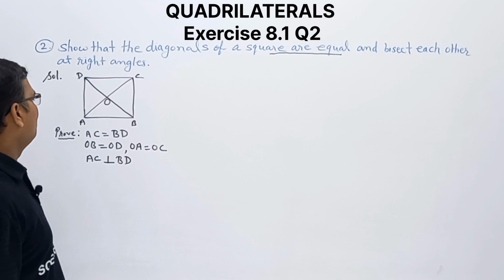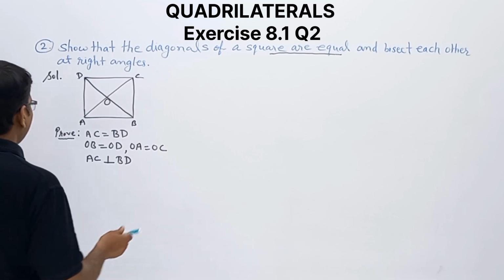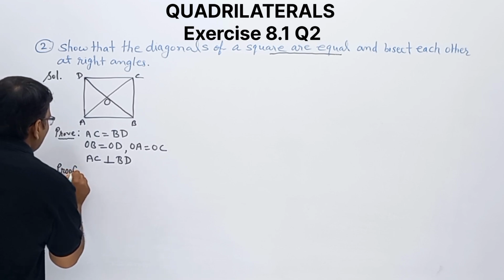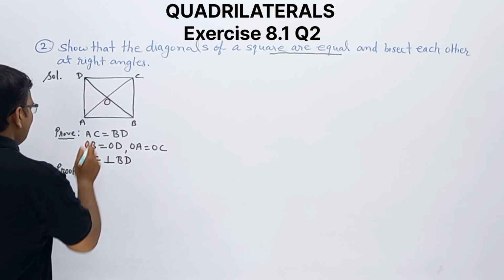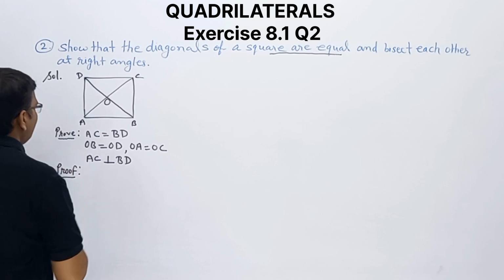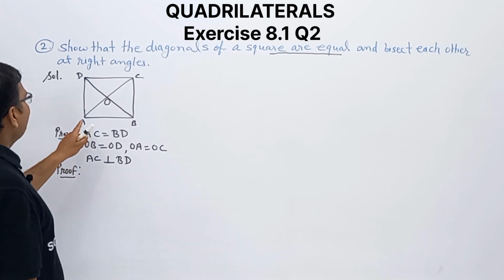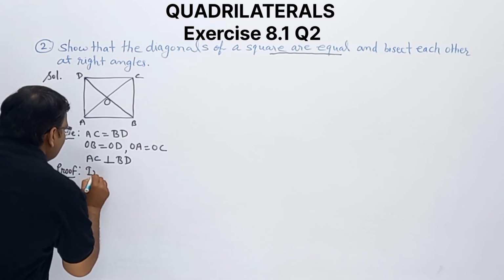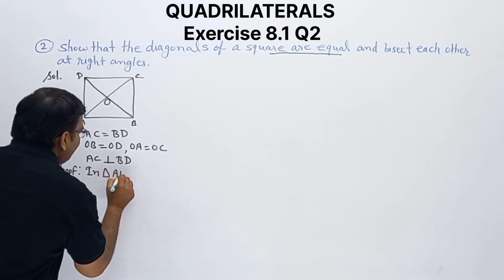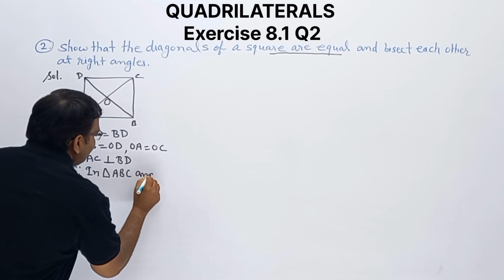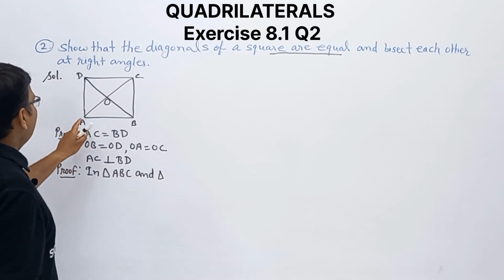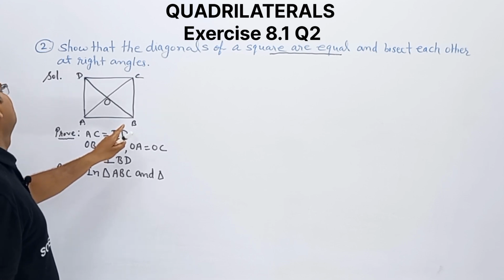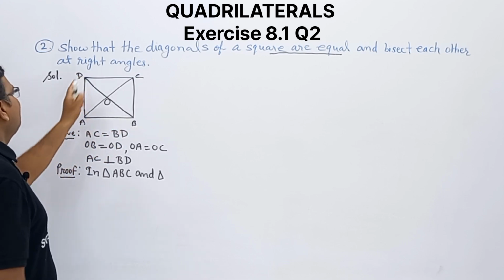So how will we prove? Observe carefully. First I am taking its proof. We want to prove these things. In the proof, I am taking triangle ABC and triangle BAD.